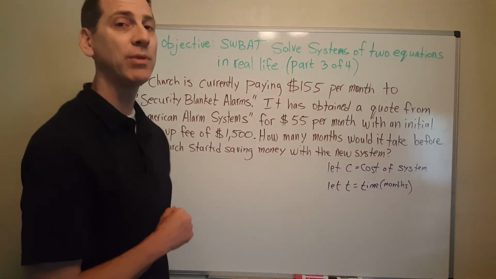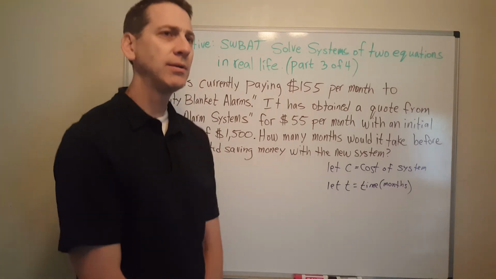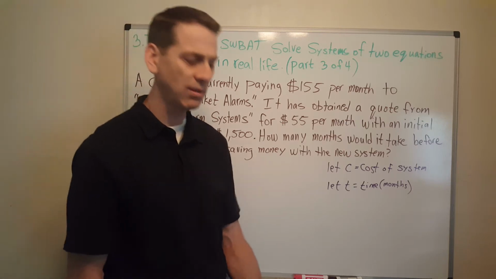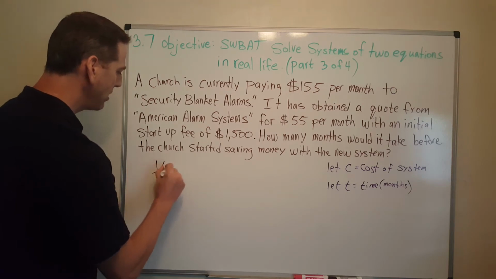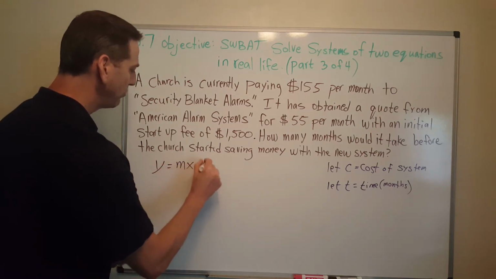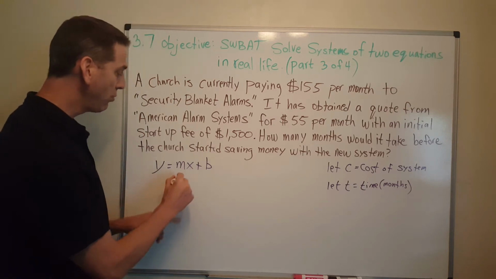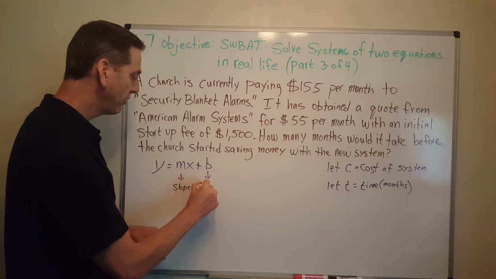Now we can set up an equation. Okay, remember in one of our videos just recently, I showed you the slope-intercept form. Remember that? And I said that y equals mx plus b, where m was the slope and b was the y-intercept.